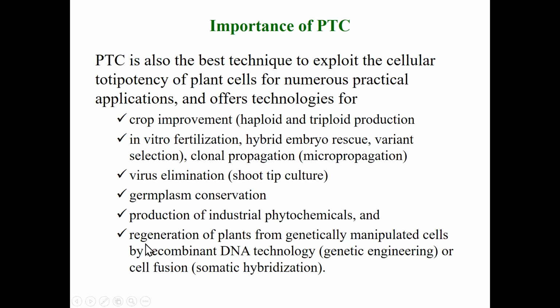Other point of tissue culture importance is regeneration of plants from genetically manipulated cells by recombinant DNA technology or cell fusion or genome editing. That means we do genetic modification using recombinant DNA technology. Perhaps you know that.